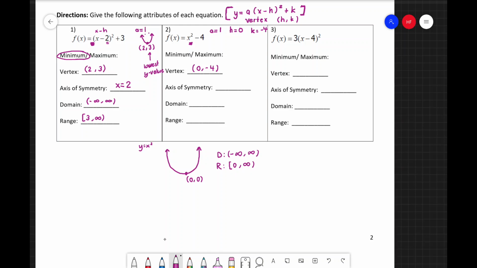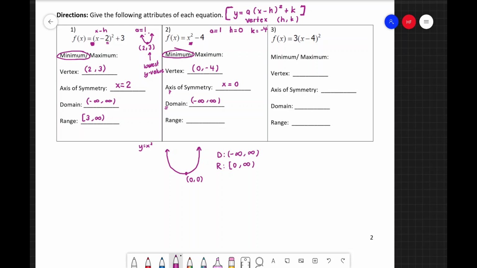My a value is a positive 1. Positive graphs have a minimum. Axis of symmetry is the x value of the vertex. So axis, x value. The domain does not change. So negative infinity to positive infinity.